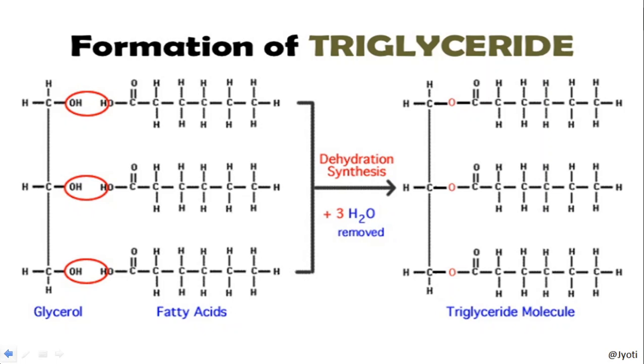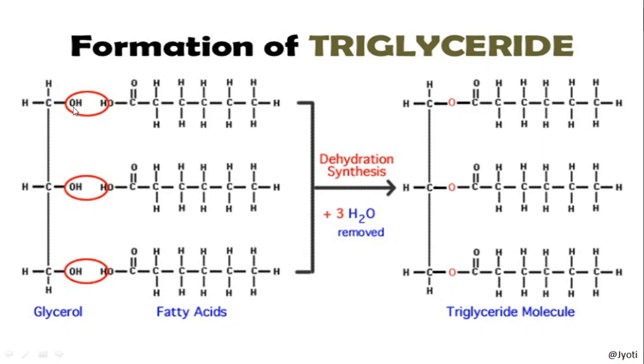The lipid is formed by the combination of polyhydric alcohol. Here you can see this is a polyhydric alcohol. Here it is glycerol. The simplest polyhydric alcohol is glycerol, which has 3 hydroxyl groups.